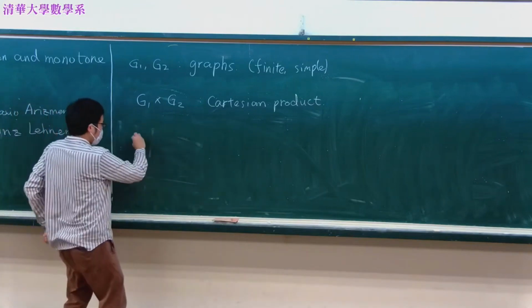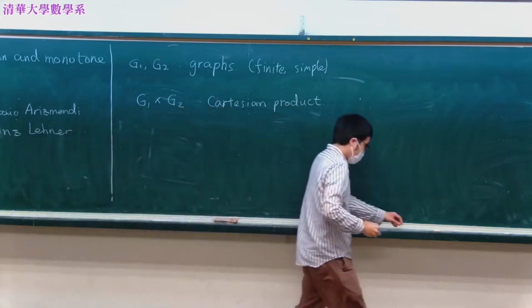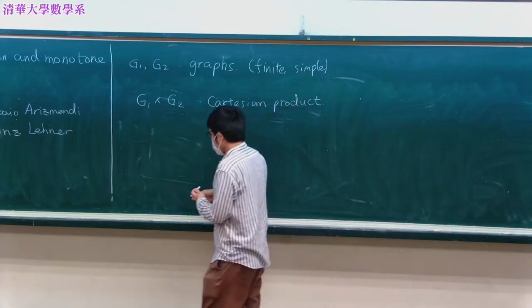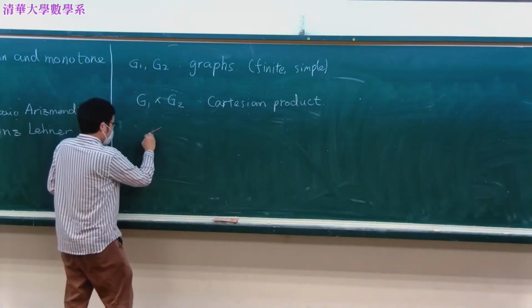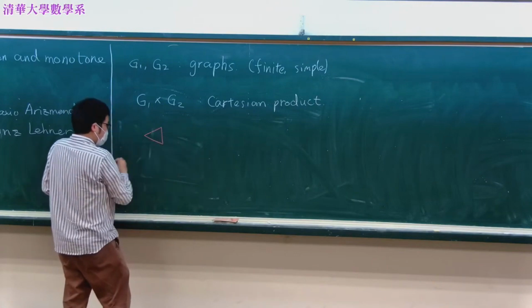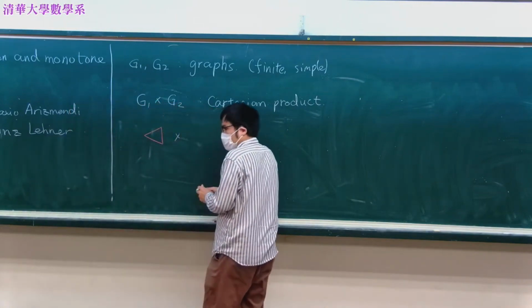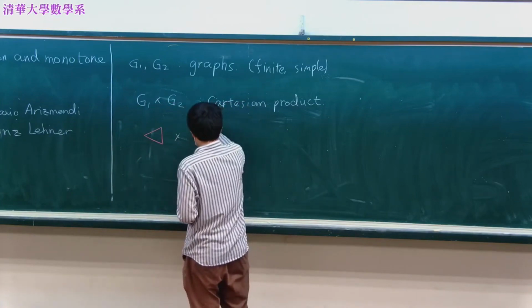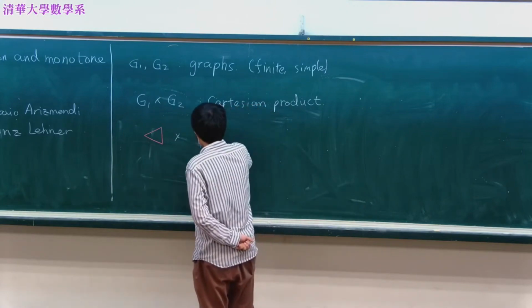Let me take a triangle and then take the Cartesian product with, say, some line with 3 vertices.